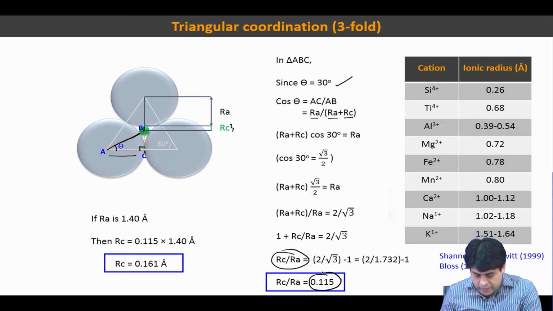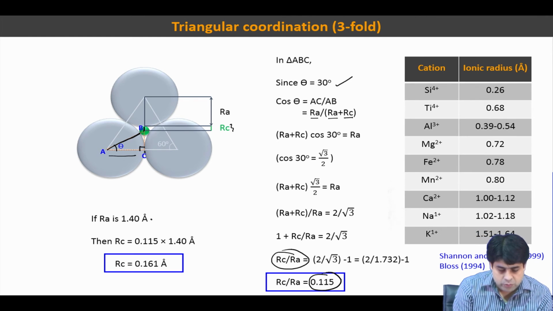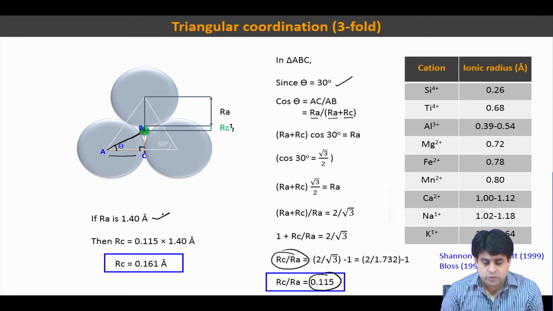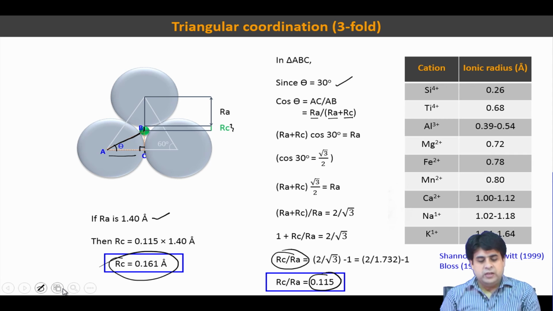So, you have this ratio of radius of cation to radius of anion close to 0.115, and you know the radius of the oxygen atom, which is close to 1.40 angstrom. So, if you multiply 0.115 with 1.40, you get the radius of the cation.